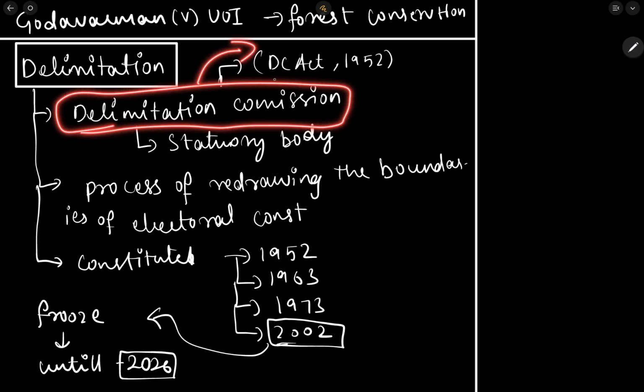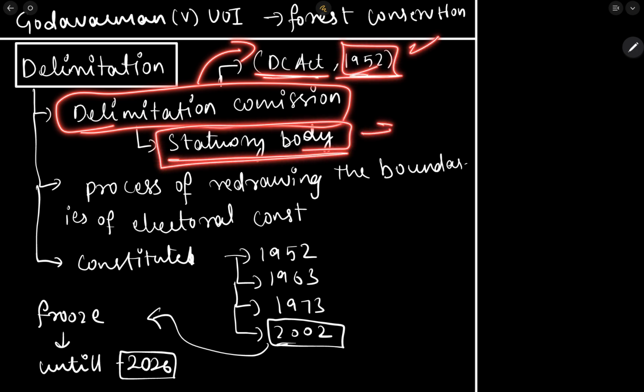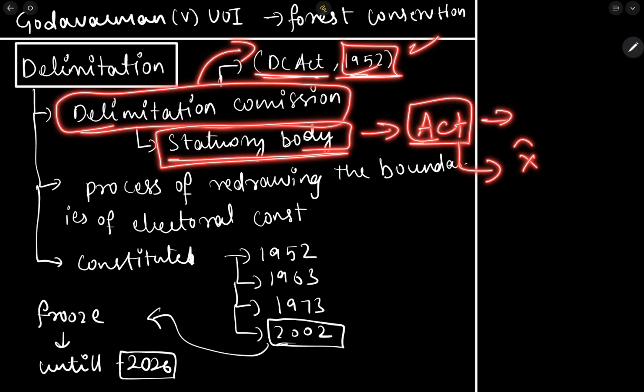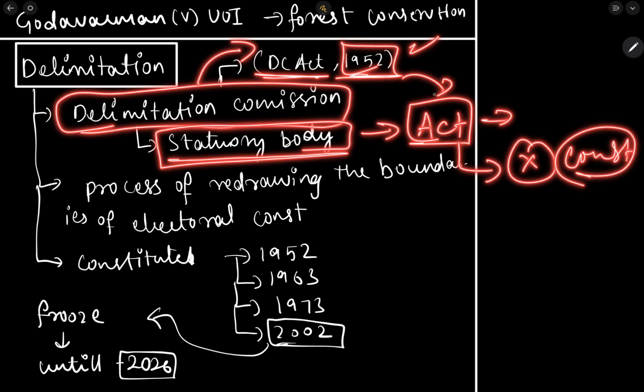It is formed under the Delimitation Commission Act 1952, and it is a statutory body. A statutory body is a body which is brought in through an act of Parliament. So it is not present in the Constitution originally, but rather is added through an act.